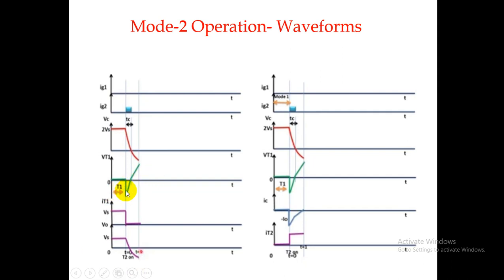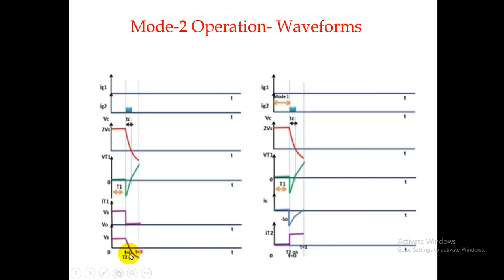This portion is called the reverse recovery portion, and a reverse value magnitude will be there. And there we can see the Tc, the circuit turn off time. This value is the circuit turn off time. And as we know T1 is off, there is no current flowing through T1, and we are getting the same output voltage, but in the reverse direction, because T2 is conducting.